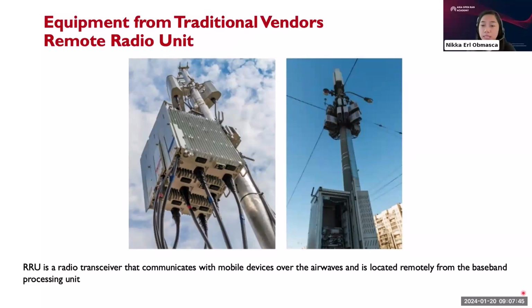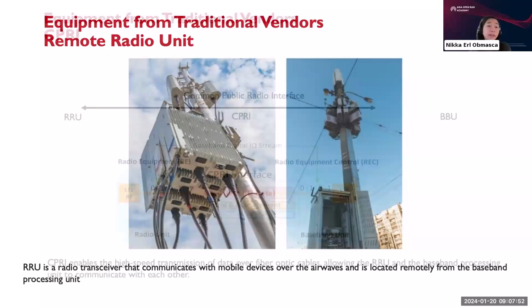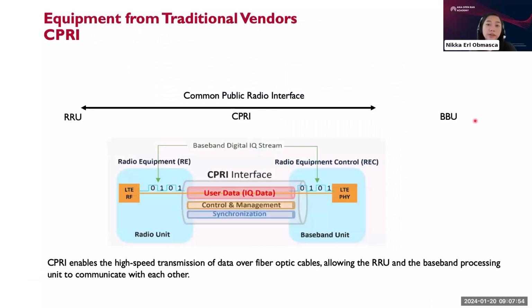So that's it. Next we have is the CPRI, or the Common Public Radio Interface. It is a key technology used in modern radio access network systems to transmit data between the RRU and the BBU.